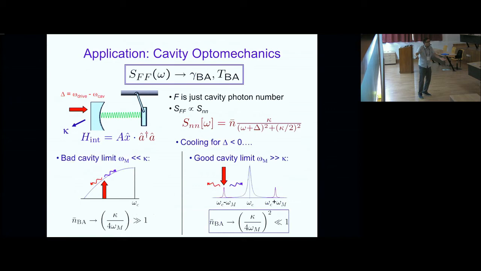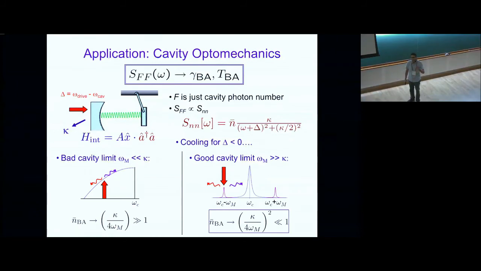So when you express the effective temperature, not as a Boltzmann factor, but as an effective Bose-Einstein occupancy factor, so a thermal number of quanta, what do you find? You find that the effective temperature of the cavity, which is the temperature that the mechanics will relax to in the ideal case, is much, much bigger than 1 in units of quanta.